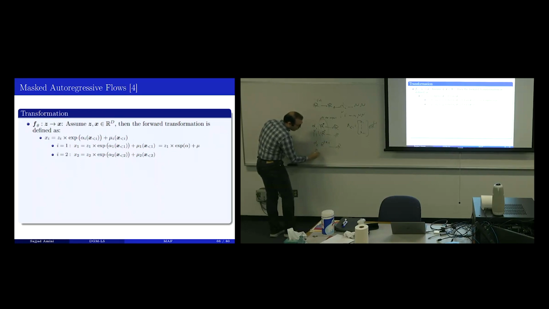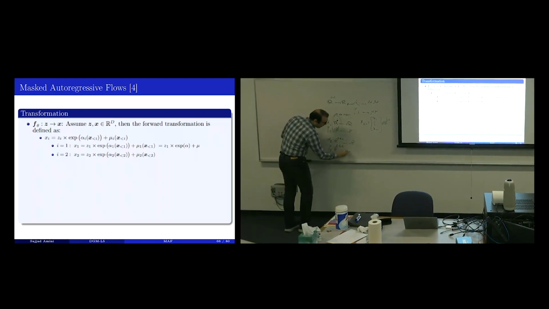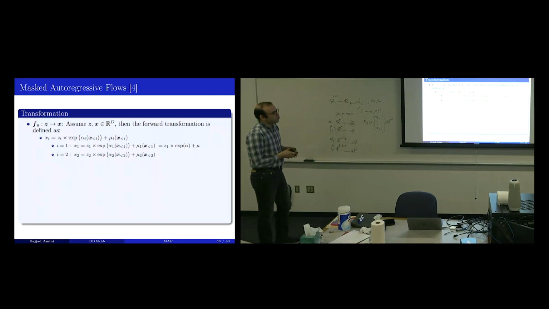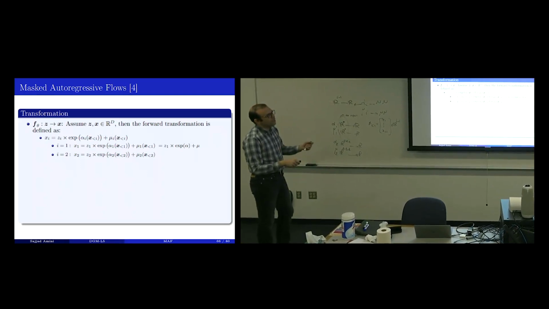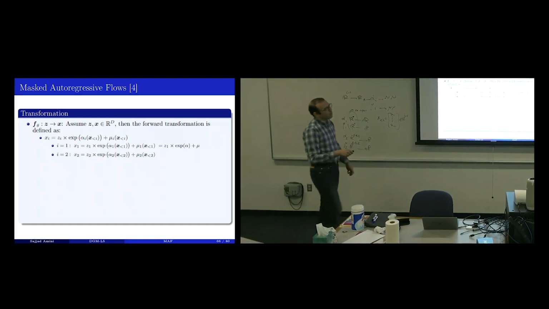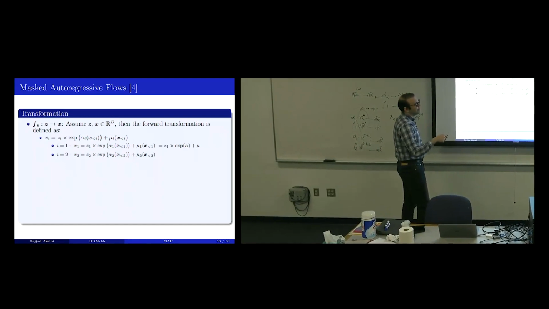And also mu2 is of the dimension 2 minus 1, which is equal again to 1, to R. So these two neural networks generate two scalars for us. The first scalar passes through an exponent and rescales your z, and the second one is also some type of offset to the resulting value.